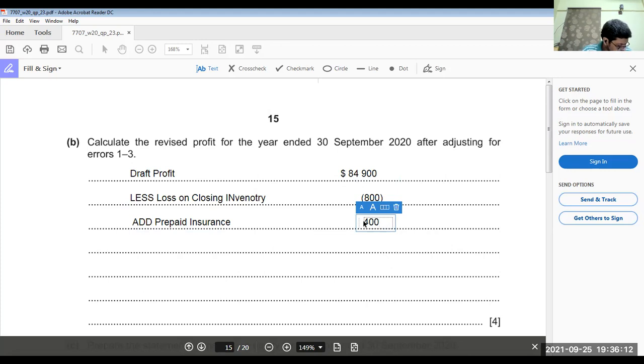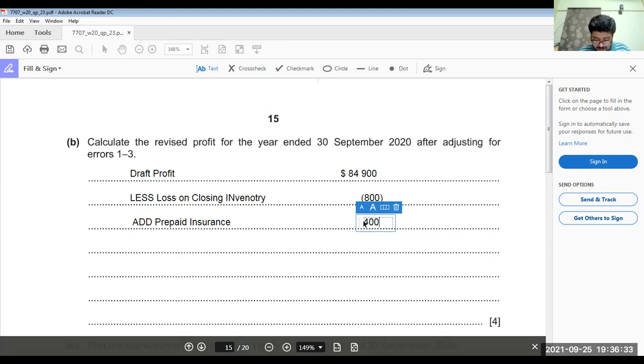Provision for doubtful debts has been adjusted. Trade receivable is 14,500. Multiply by 5%. So 725. But your present provision is 625.